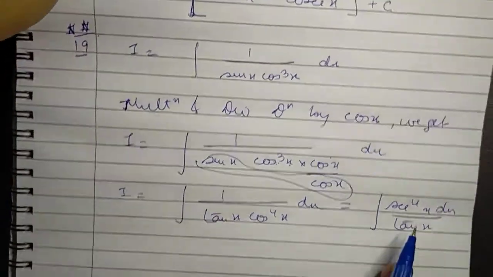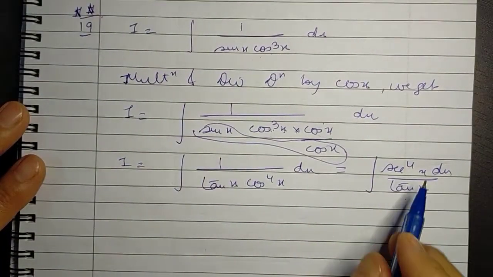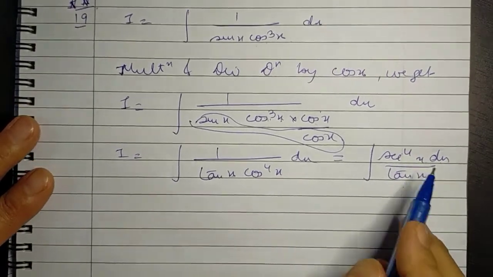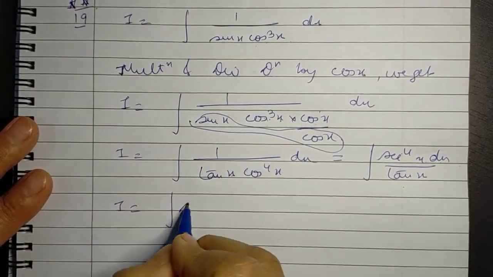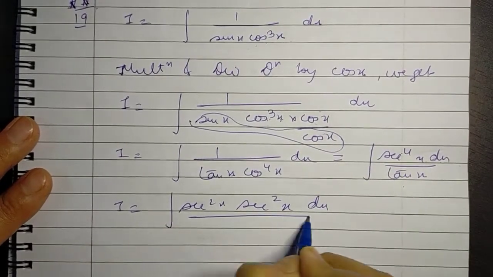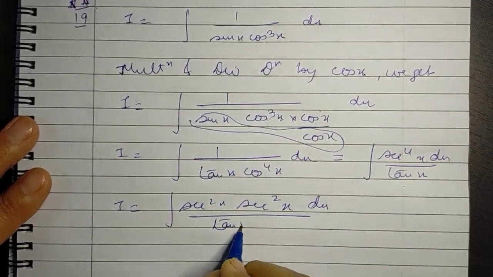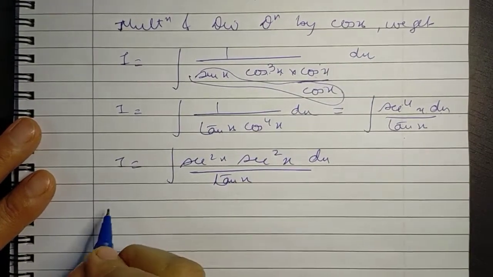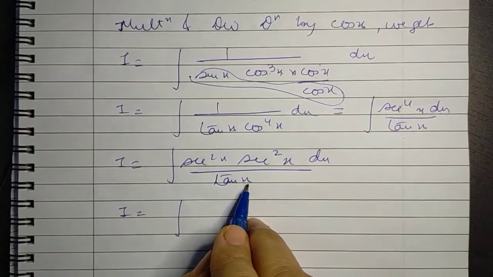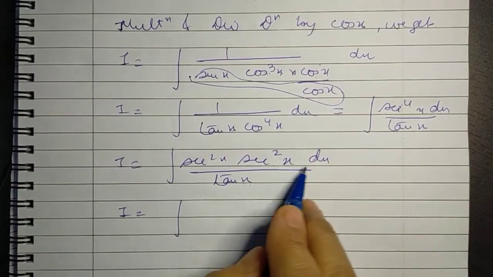Now if I put tan x as t, sec squared x dx becomes dt, but here we have sec to the power 4 x. So it can be written as sec squared x dx whole upon tan x. One of the sec squared x, if you put tan x as t, sec squared x dx gets absorbed in dt.